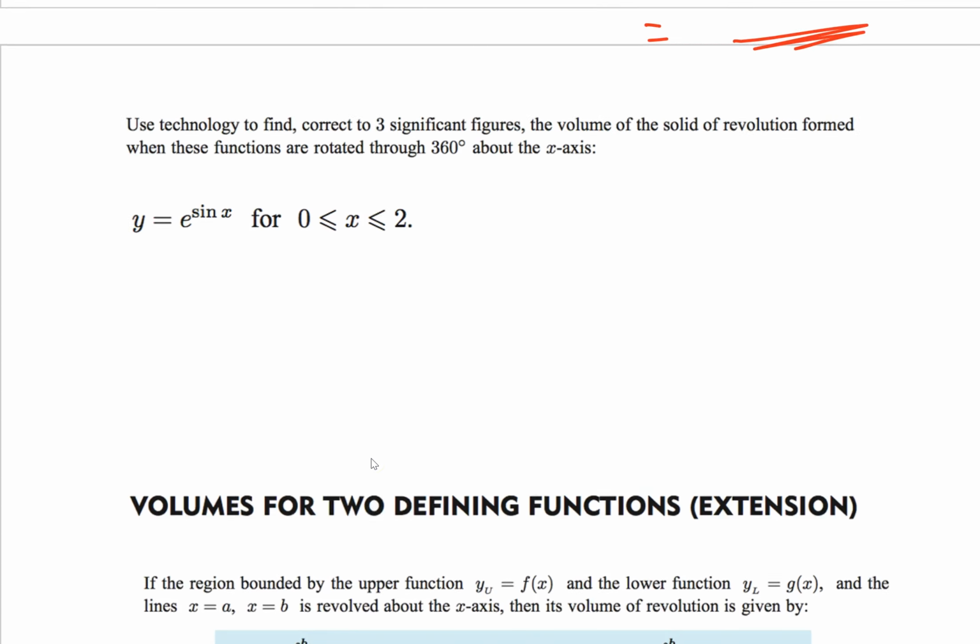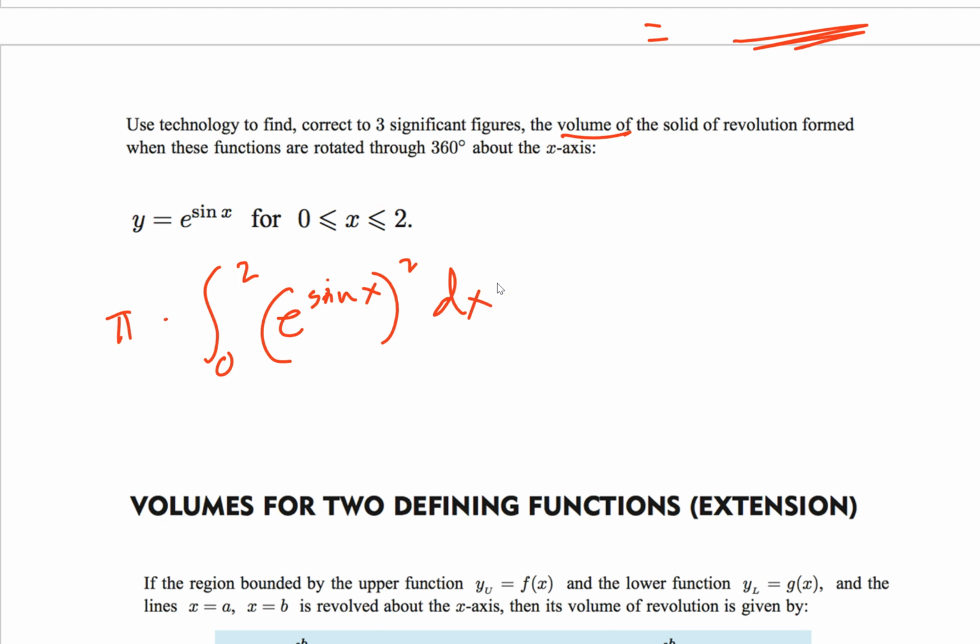We can also do this with the calculator. Use technology to correct to 3 sig figs. Again, it's volume, so all we're going to do is plug this in our calculator. So in our calculator, you're going to plug in 0 to 2. You plug in pi on the outside times sine x, and then the whole thing squared.